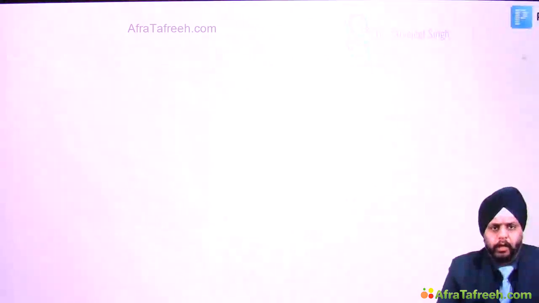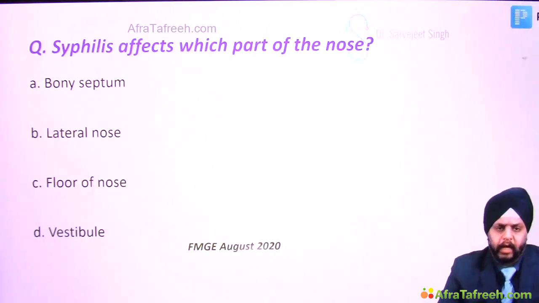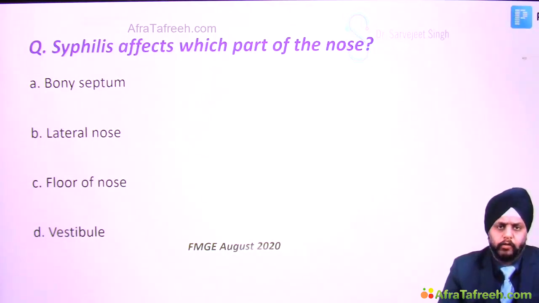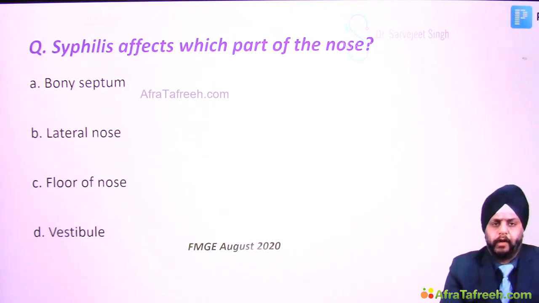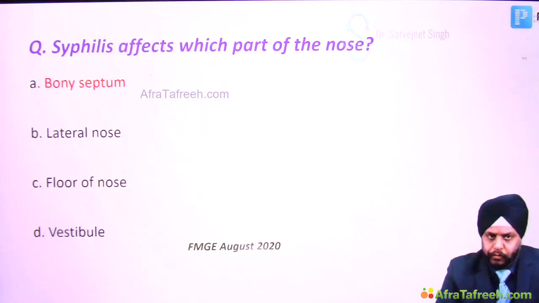This question was asked in the recent FMG exam, actually an MCI screening exam in August 2020: syphilis affects which part of the nose? The answer we have just studied: it causes bony septal perforation. So bony septum was the correct answer.